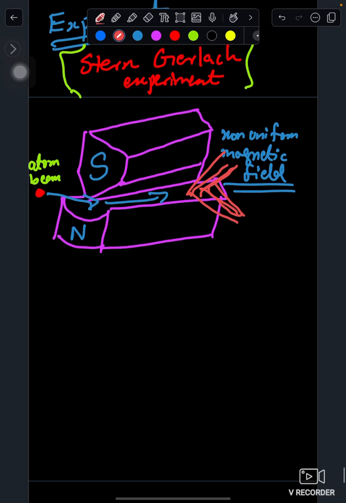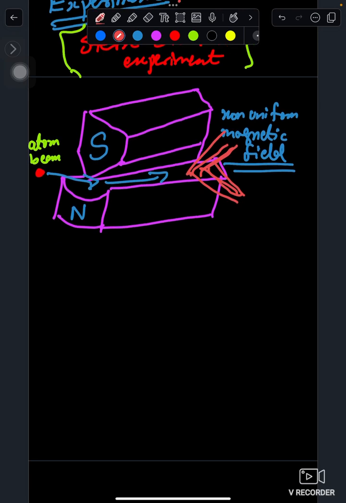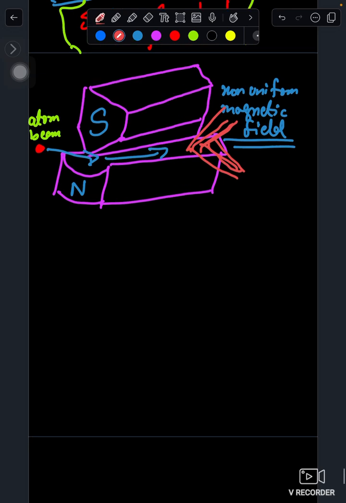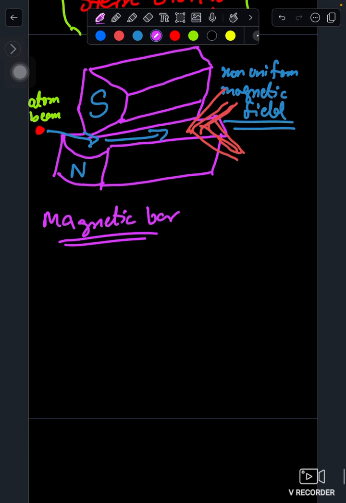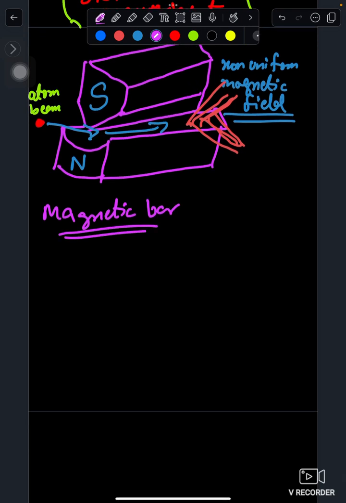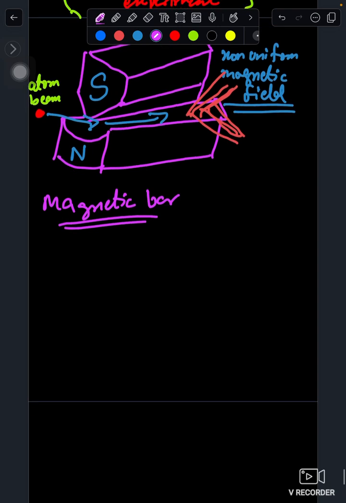But first, we're doing the experiment with a magnetic bar. If we do this same experiment with a bar magnet, there will be three scenarios.